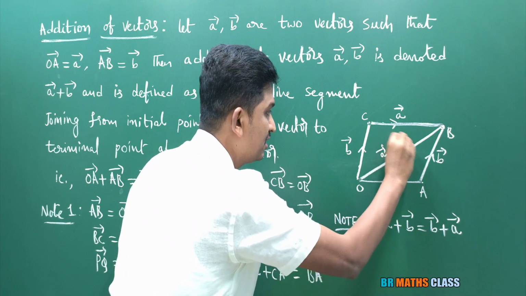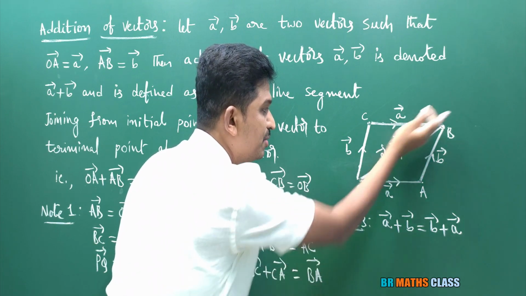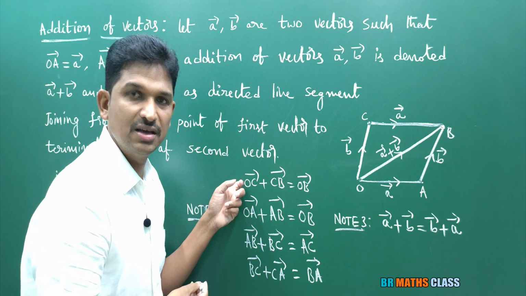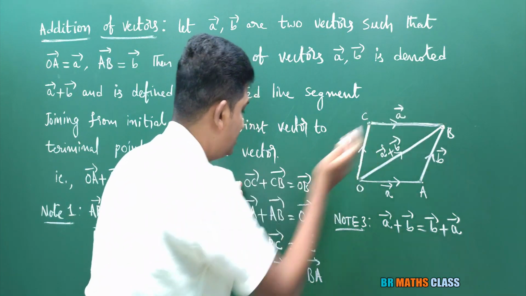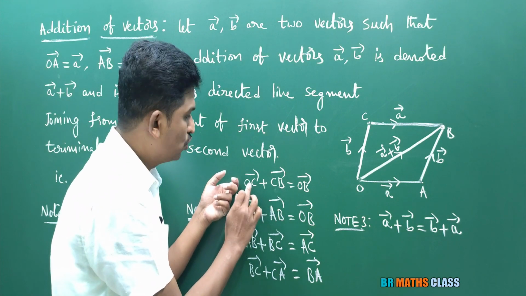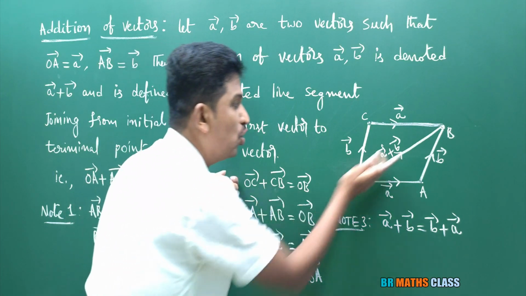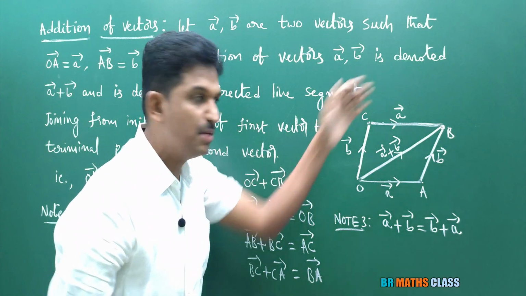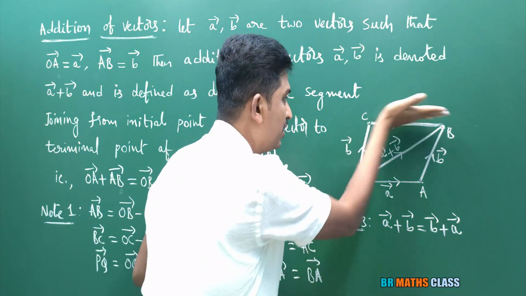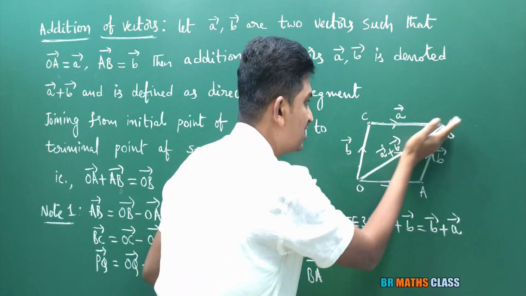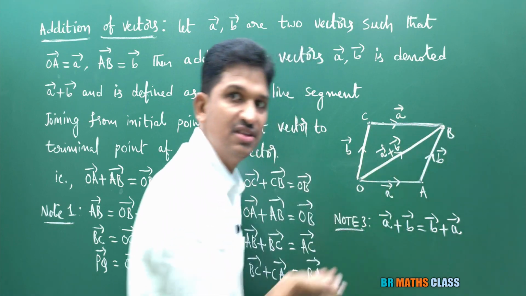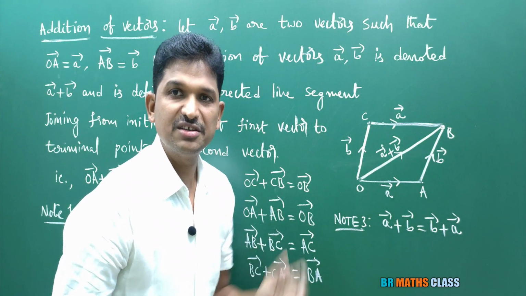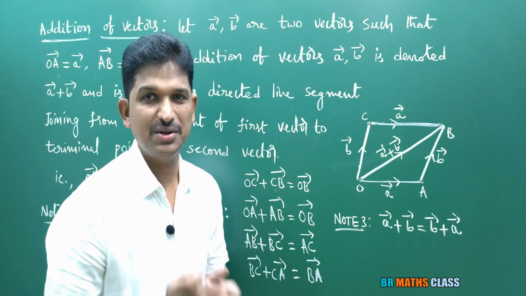OB bar is A bar plus B bar, right? Here OC bar is B bar, CB bar is A bar, OC bar plus CB bar is OB bar. That means B bar plus A bar. You observe this B bar, A bar in this direction. This vector is opposite direction of these two. This is B bar plus A bar. This tells you that A bar plus B bar is same as B bar plus A bar.